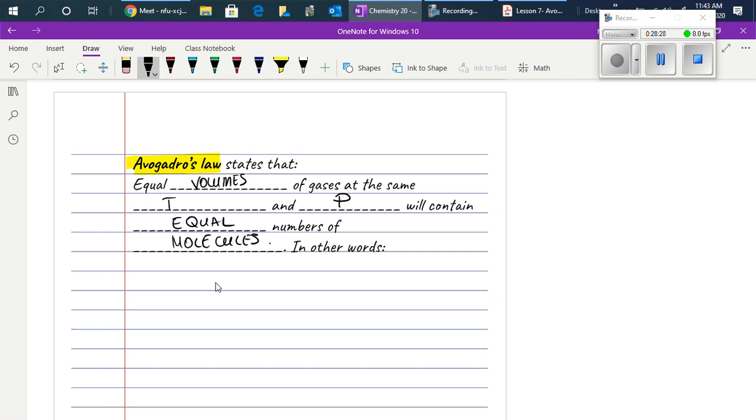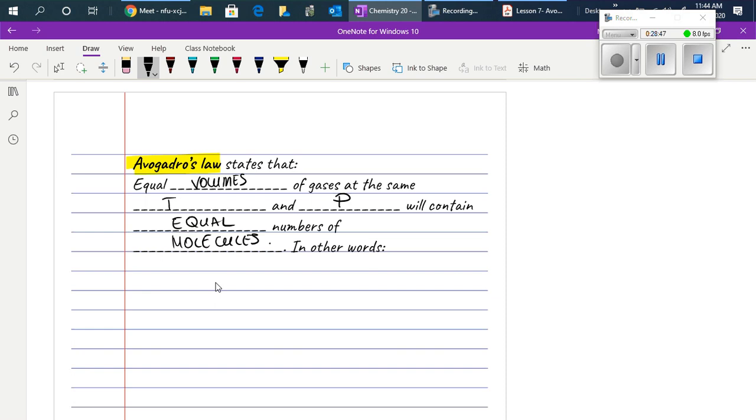And since they contain the same number of molecules, that means we are having the same mole ratios, okay? The same moles.